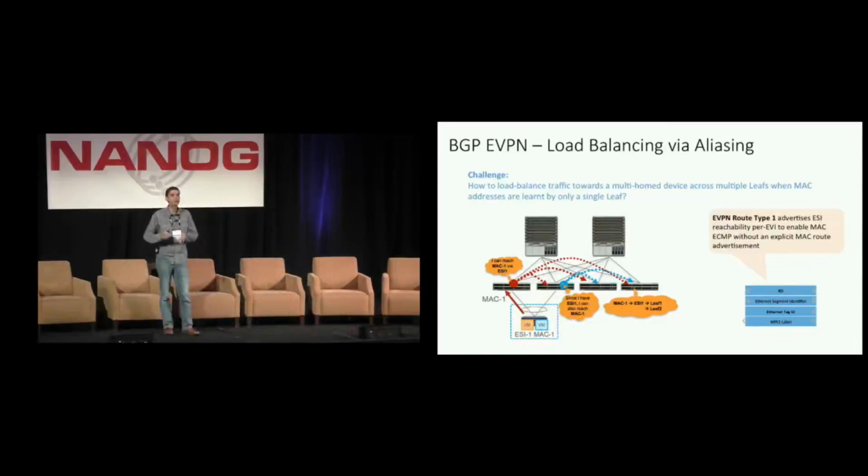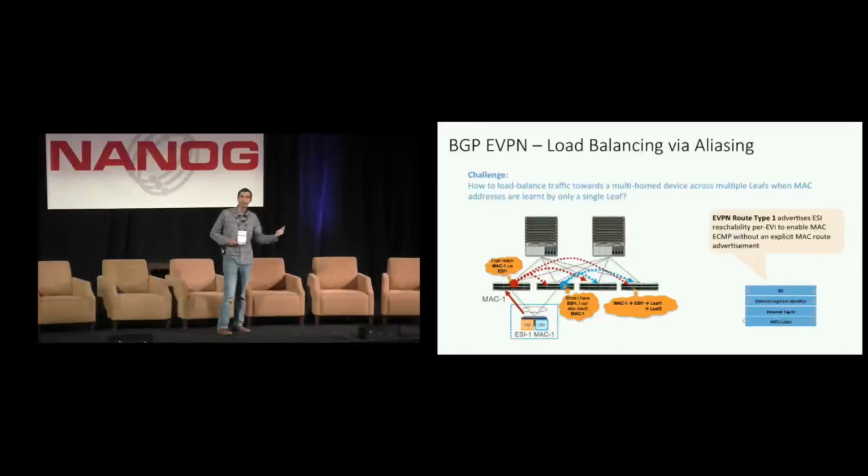However, we must ensure that all the remote leaves are able to load balance the traffic flows destined to that host across all the leaves that the host is multi-homed to, even if the host is only advertised by one leaf router here. So how do we accomplish that?